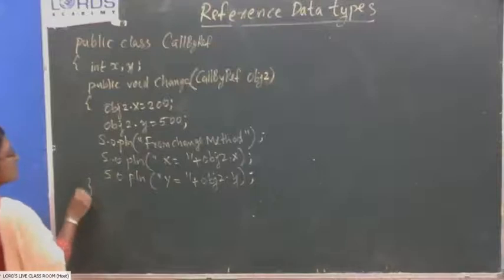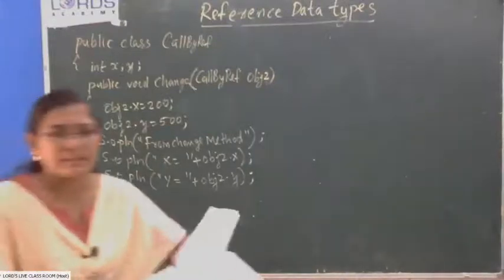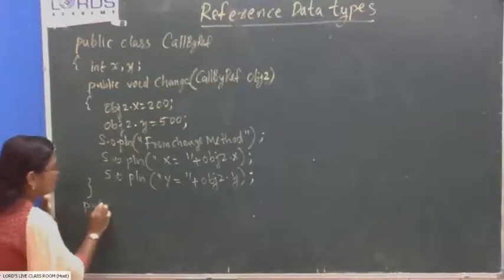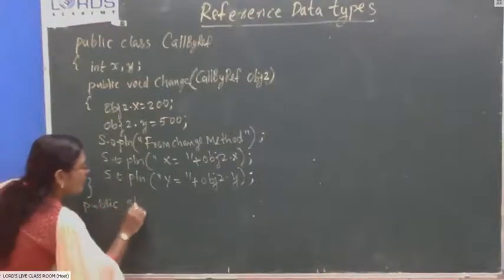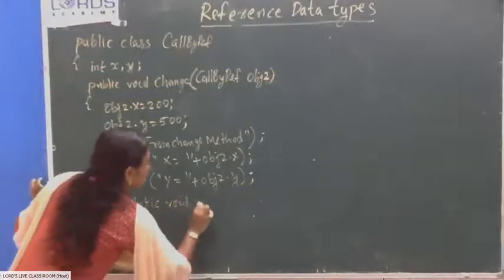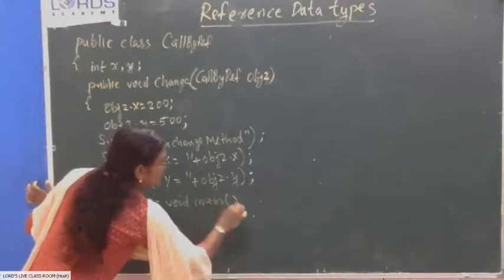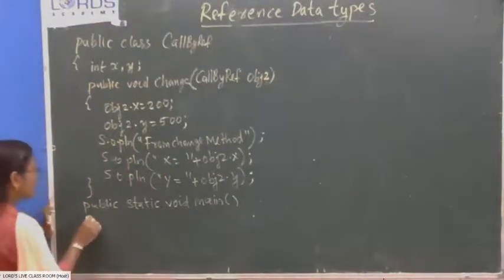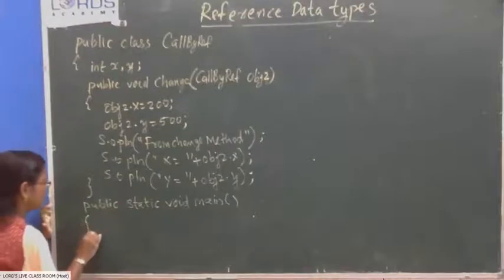The method is closed. Now I am going to write the main method, public static void main. In the main method, I am going to create an object of this class.